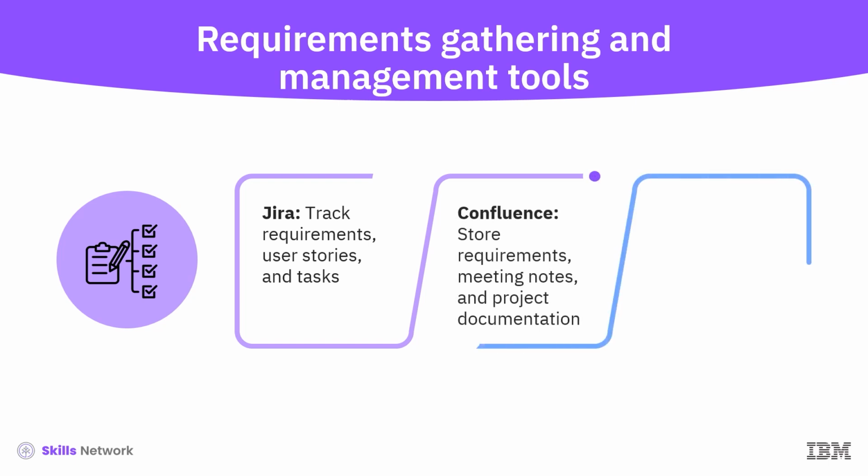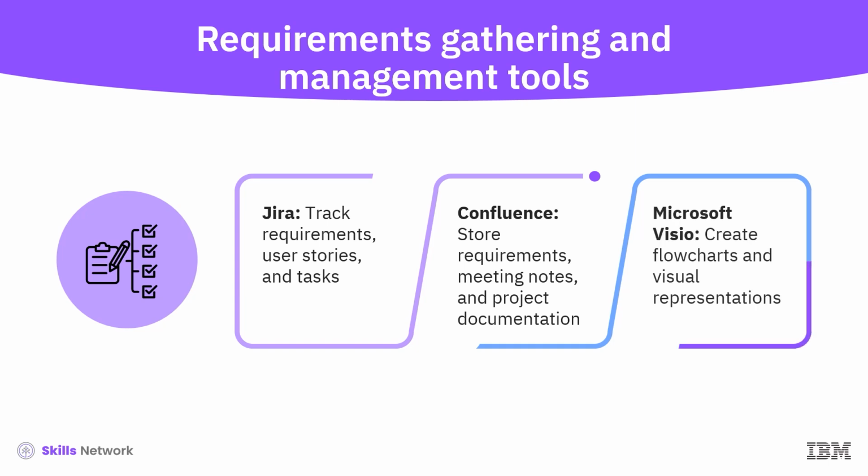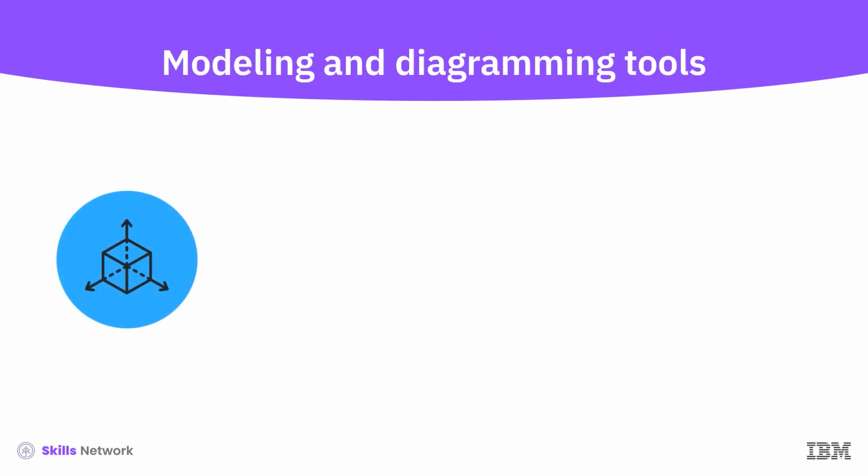Additionally, leveraging a tool called Confluence complements Jira by providing a space to store requirements, meeting notes, and project documentation. Furthermore, Microsoft Visio is often used for creating flowcharts and visual representations of requirements and business processes, enhancing clarity and communication.